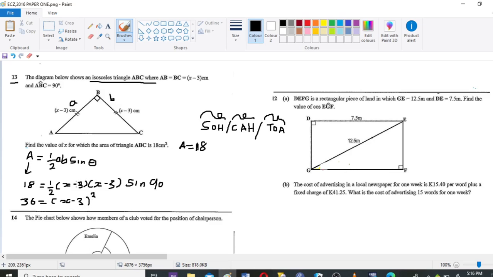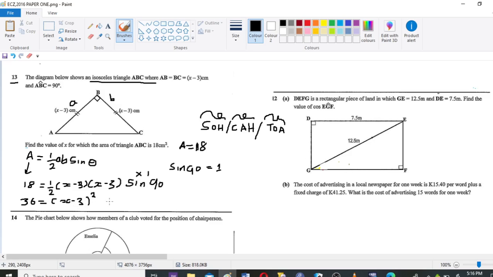When we multiply, we are getting x minus 3 squared, multiplied by, now what is sine 90? These are standard angles which you need to know. So you know that sine 90 is nothing but equal to 1. So it's like you're multiplying times 1, which will be the same thing.